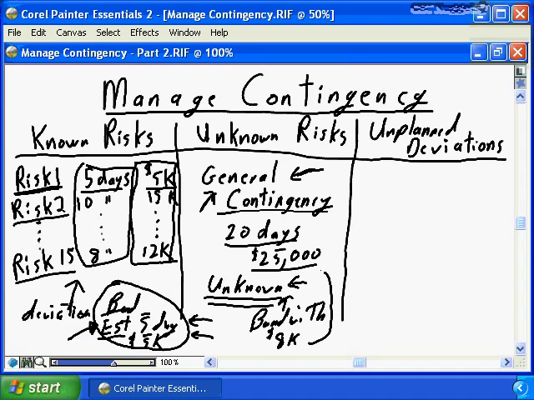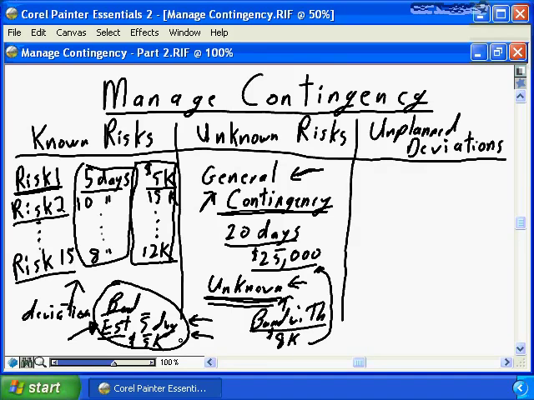You need to ensure that when you're applying your general contingency you're truly dealing with unknown risks and taking the appropriate actions to ensure your project is delivered, that you're consuming your general contingency for true risk events, and that you are not consuming your contingency for typical ongoing project delivery challenges.